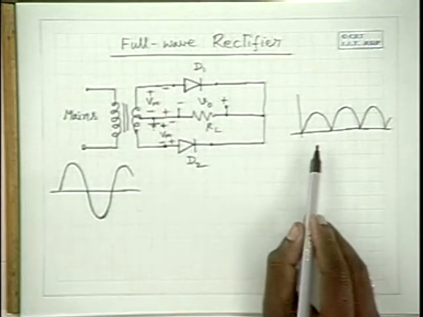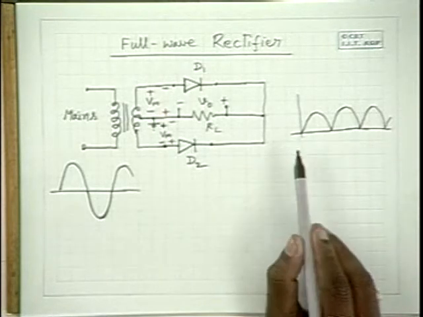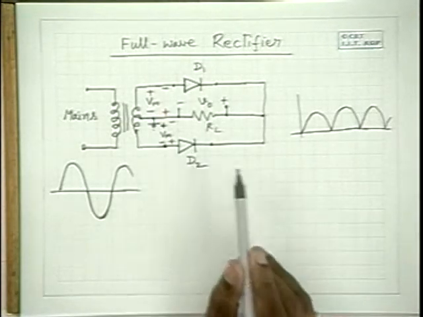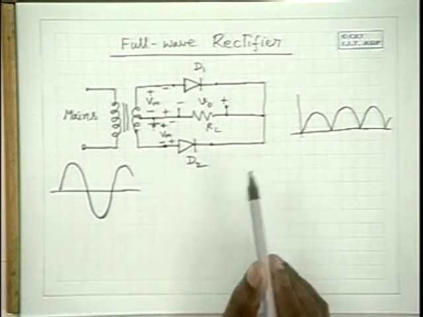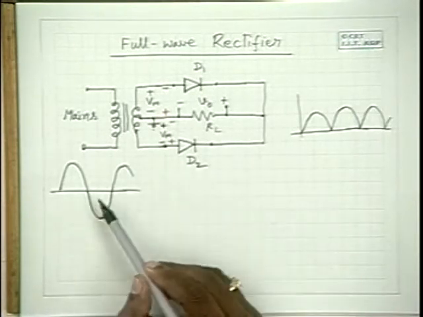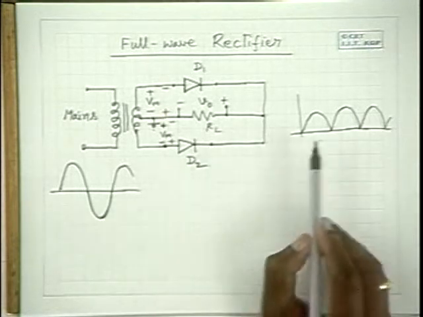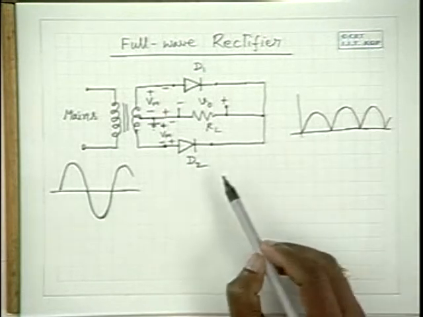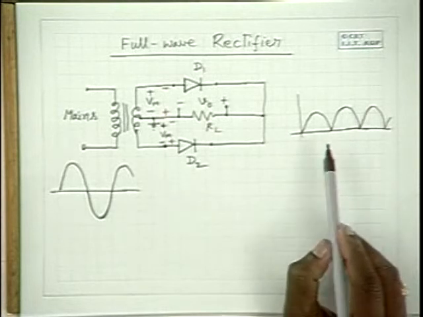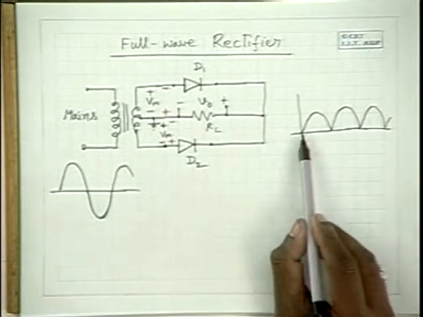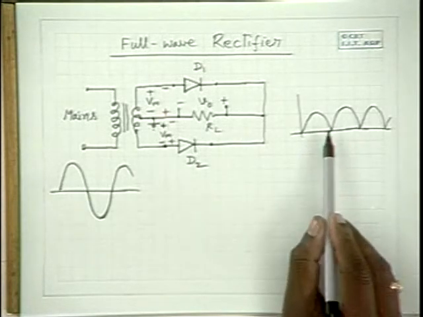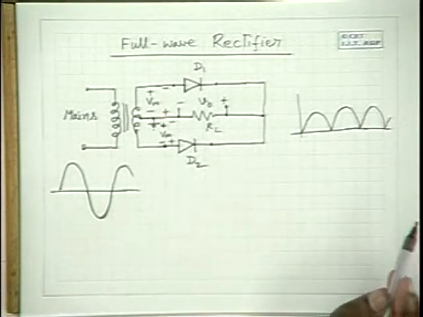This voltage waveform is known as a full wave rectified waveform, and this is known as a full wave rectifier. The advantage with this circuit is that the negative half cycle is also reflected to the positive side, and you have the full waveform appearing across the load resistance.